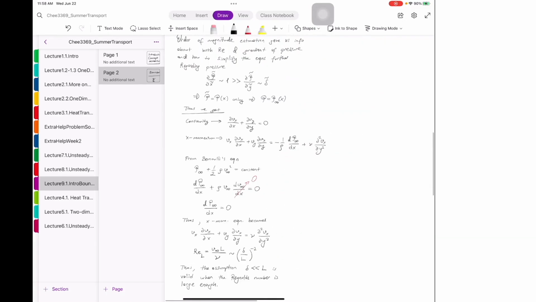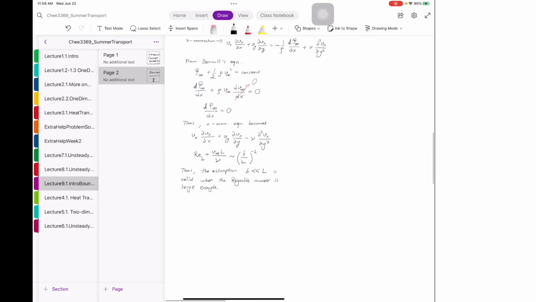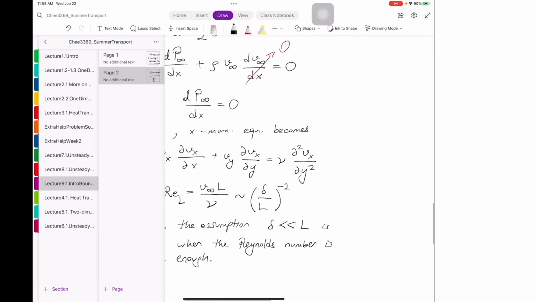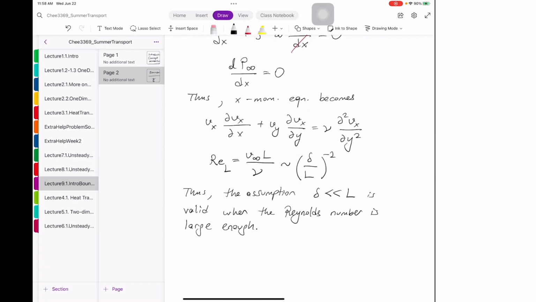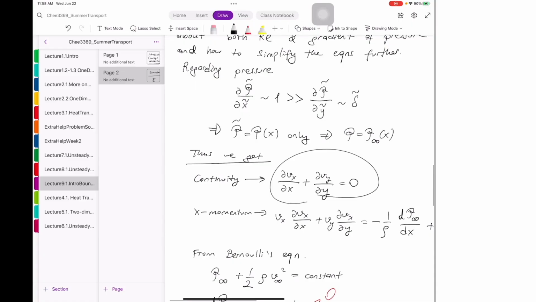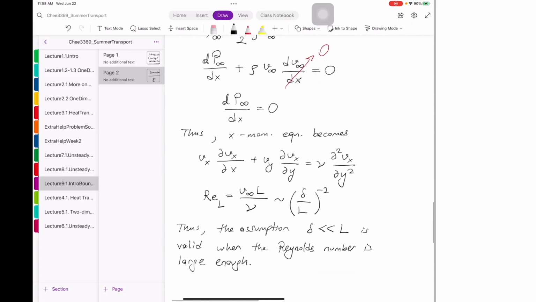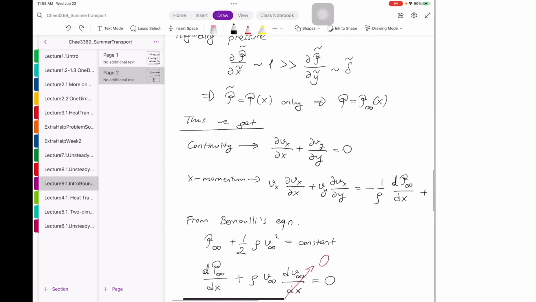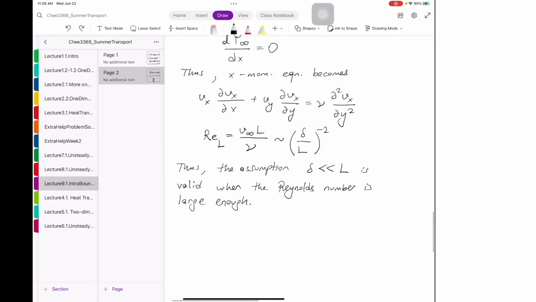The time is up. We are going to build more on top of these, but these are the simplified equations that we're planning to solve next class. We also need to add the continuity equation here as well. We already listed it here. This is one of the equations, and this is the second equation. So we are going to solve the two equations simultaneously.